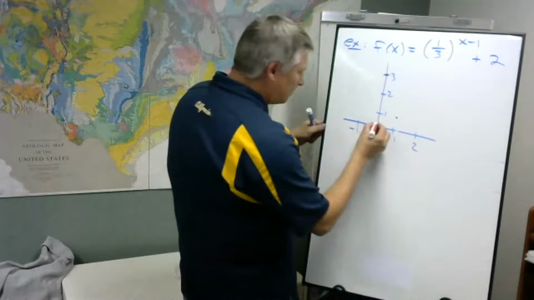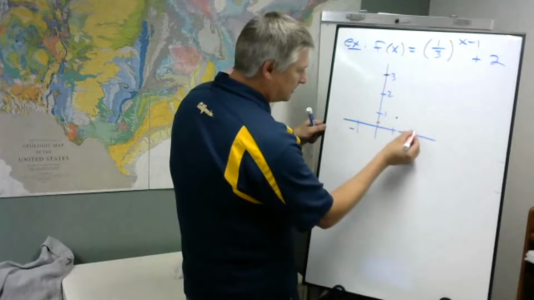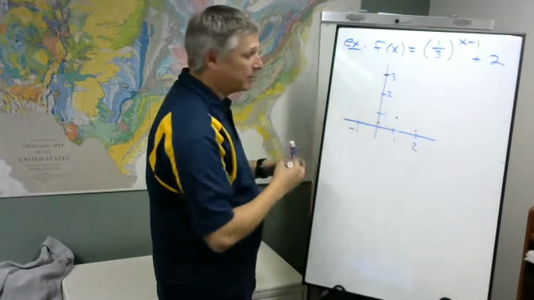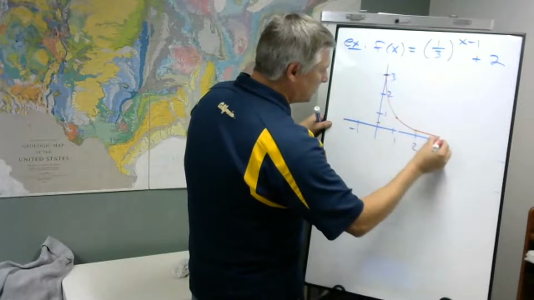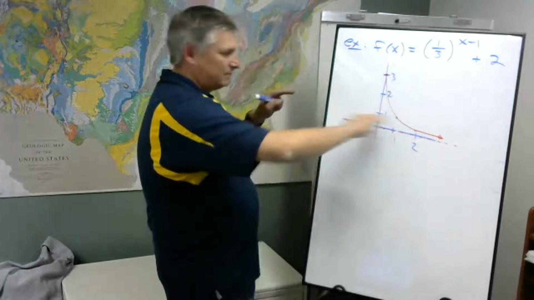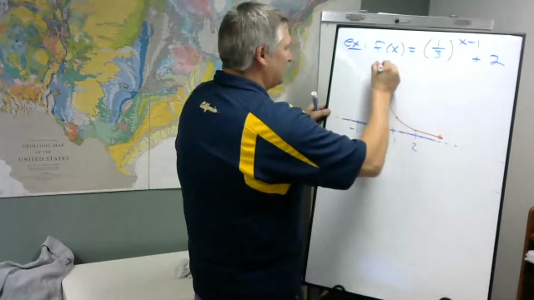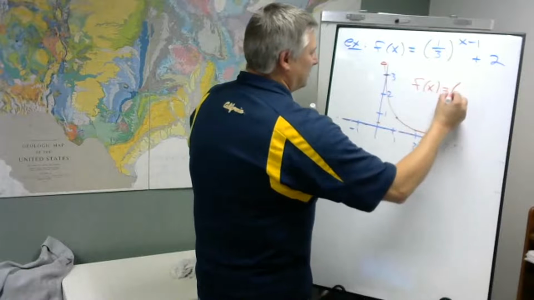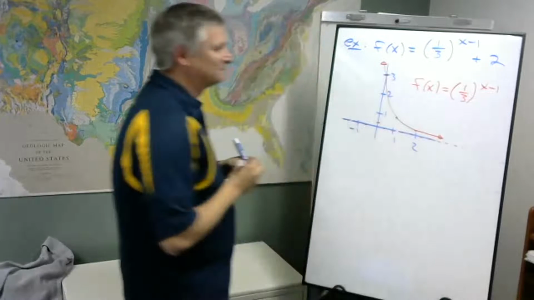And then we had a point at 1 and 1/3, that's going to be 2 and 1/3. The horizontal asymptote technically shifts over, but it's infinite here, so you don't see any difference. And so this becomes f of x is 1/3 to the x minus 1.